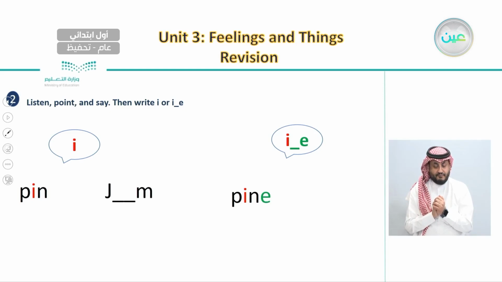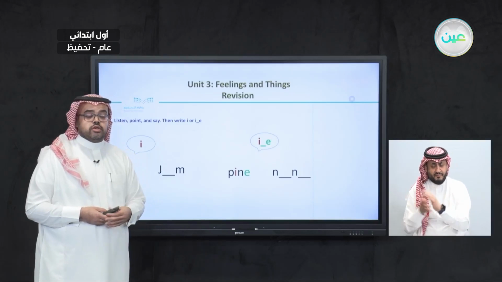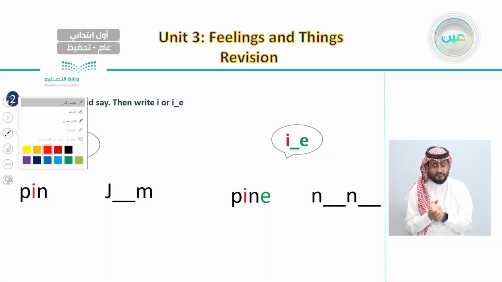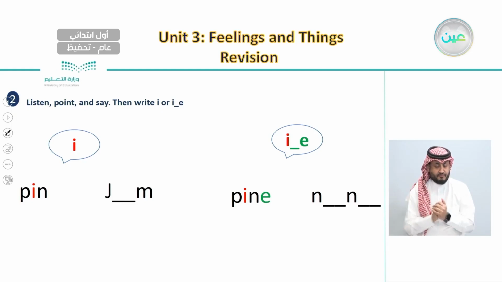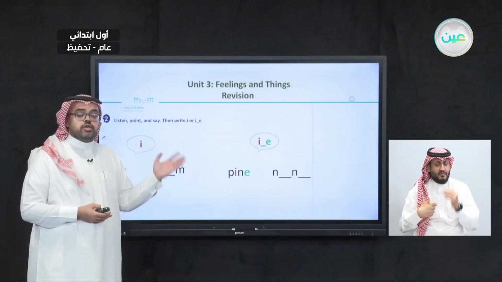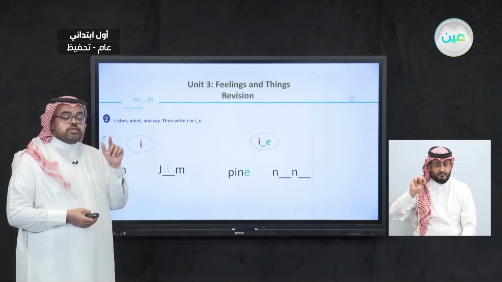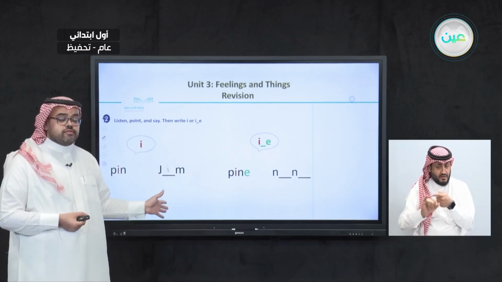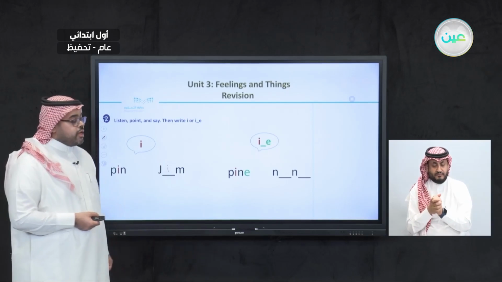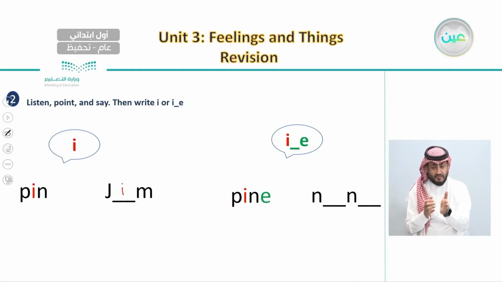So let's try to write down other words with these two letters. In the first one, we can add I in the middle and say this word is Jim. Jim, maybe a friend of yours, his name is Jim. Just listen to how short we pronounce this vowel, Jim. And if we look at the other word, and we add I and E, we will listen to how it is pronounced.